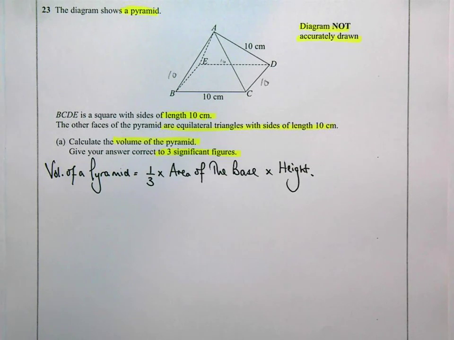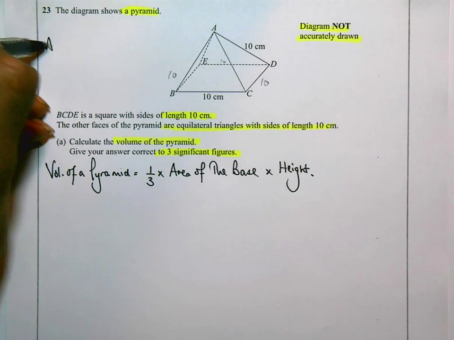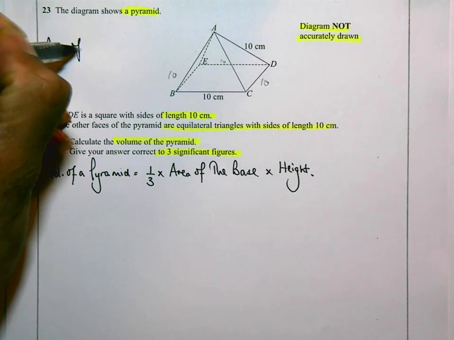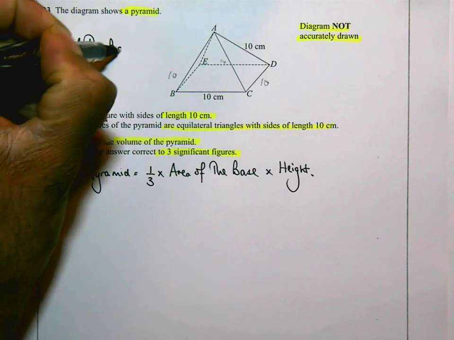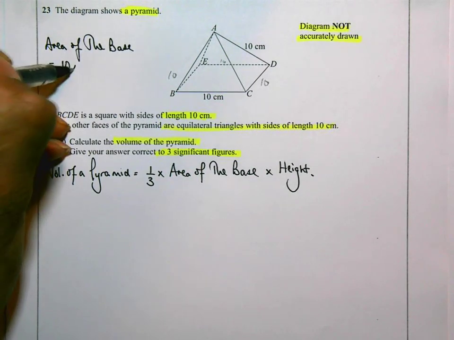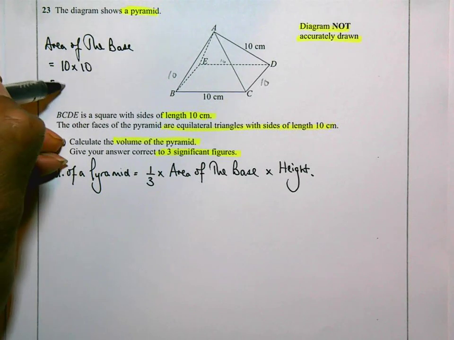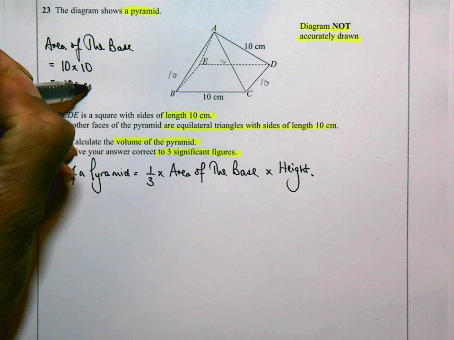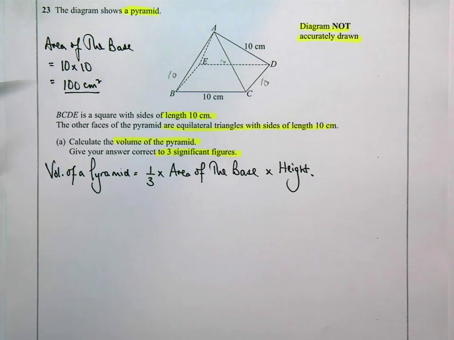Now the area of the base, it's a square base, so that's going to be 10 times 10. So the area of the base is 100 centimeters squared. I've done that, so at least I'm picking up some marks for the calculation.